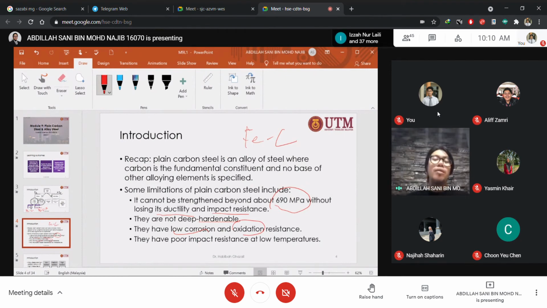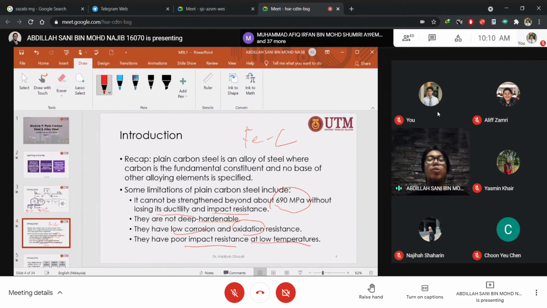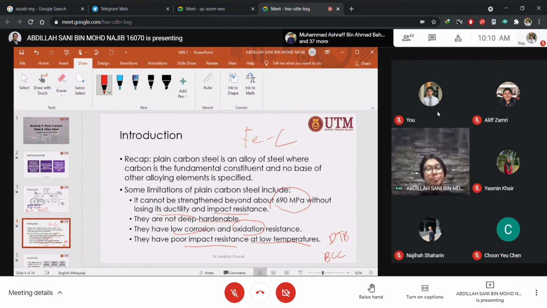They also have a poor impact resistance at low temperature. This is related to the ductile to brittle transformation, because iron goes from ductile to brittle due to the BCC crystal structure.